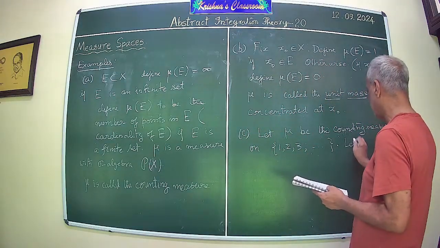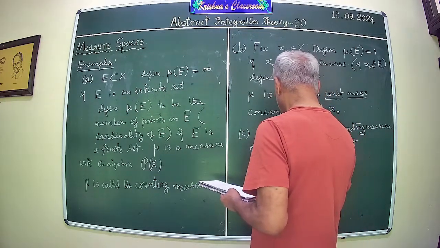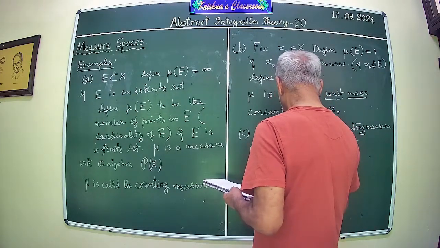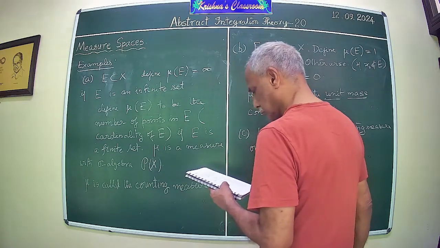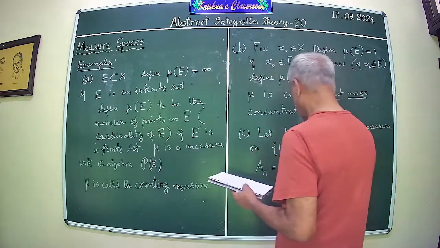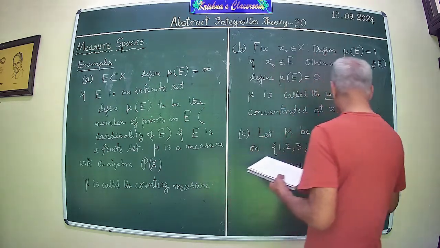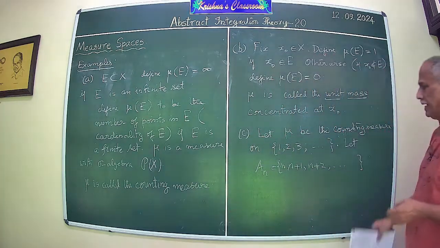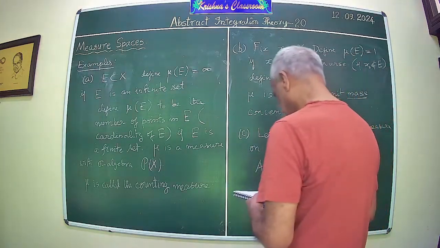Let An be defined as n, n plus 1, etc. That means you omit the first n minus 1 terms.